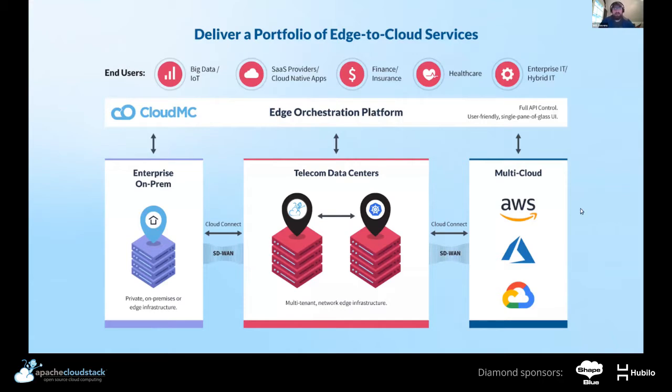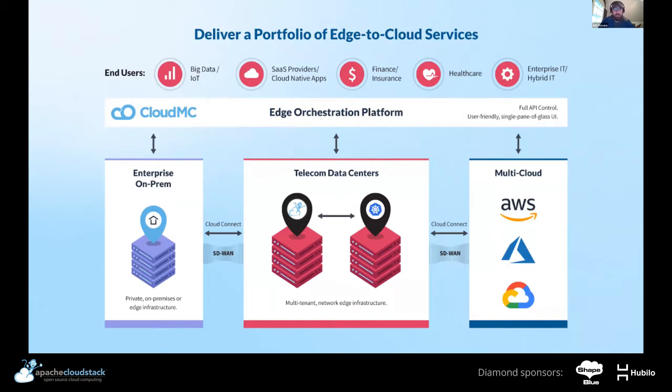All right, so CloudMC is really a product that allows you to productize underlying services. In this case, we'll be talking about Kubernetes and CloudStack primarily, but just to illustrate, we can also orchestrate other public clouds, for example, bare metal and a number of services.